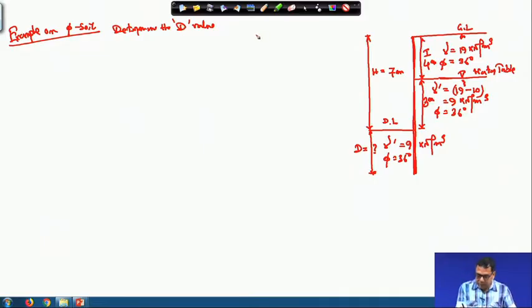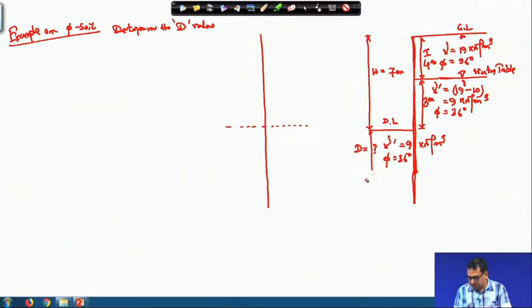First we will draw the earth pressure distribution diagram of this sheet pile. This is the dredge level and this is below the dredge level. We have a 4 meter depth, and at 4 meter we will calculate the PA.